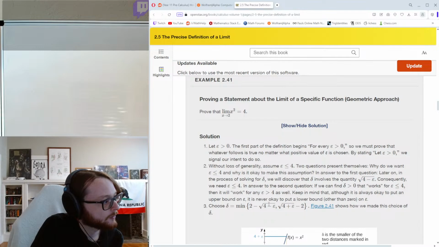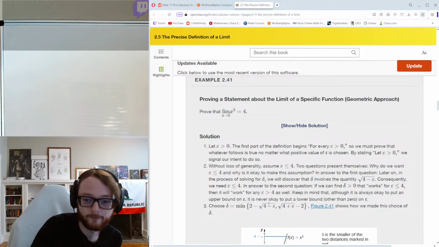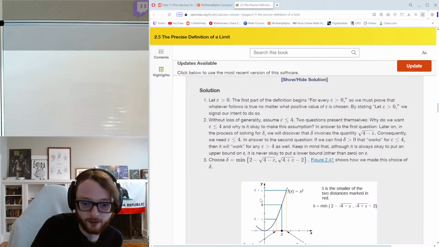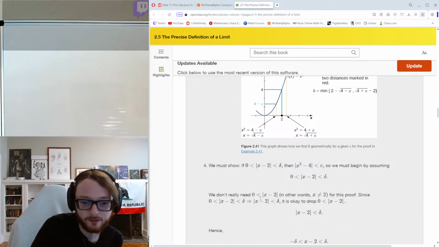Because depending on where you are on the quadratic, the change in vertical height becomes greater or less. If we're doing it geometrically, I don't want the geometric explanation.